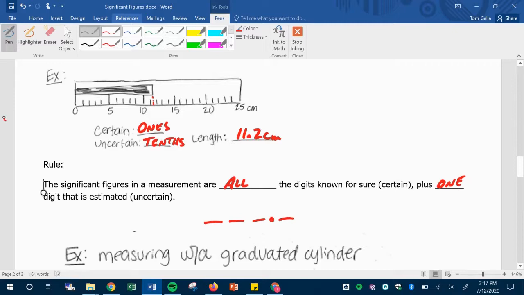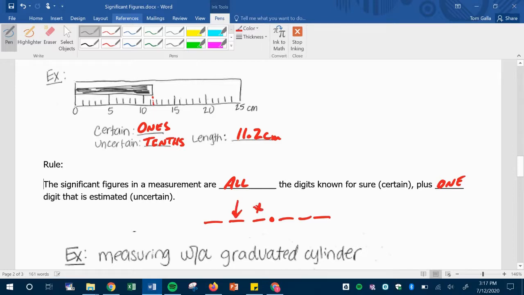Decimal, blank, blank, blank. As we're taking measurements, if we're confident in saying that we can measure this spot, like we have a scale that goes all the way to that spot, that means that this is the one that we're estimating.